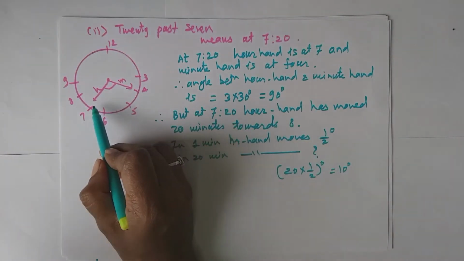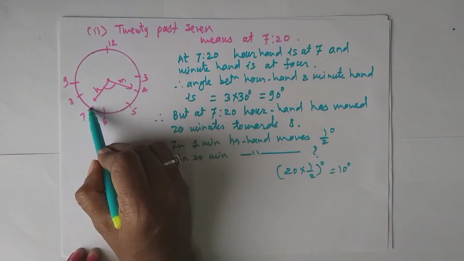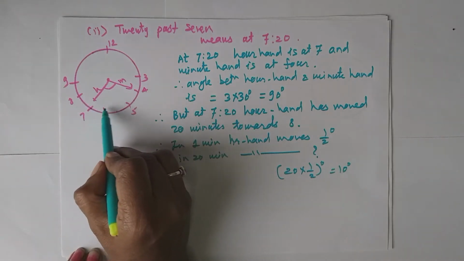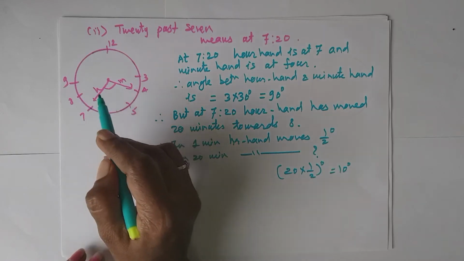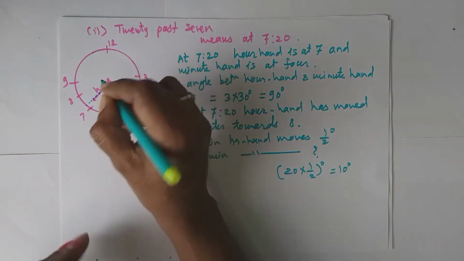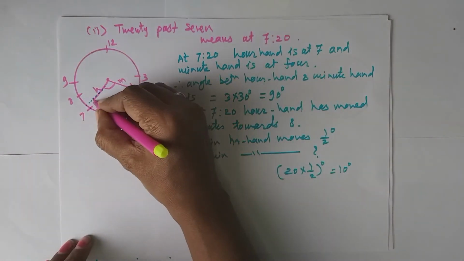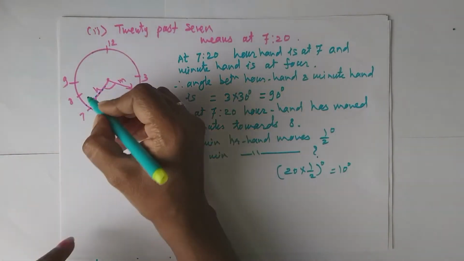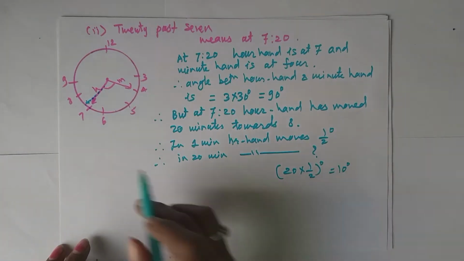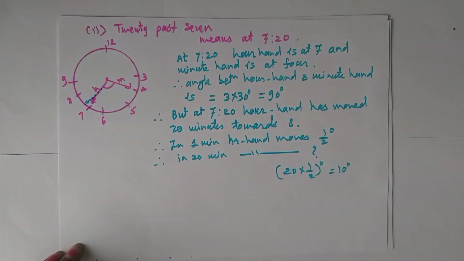Means at 7:20, hour hand has moved 10 degree towards 8. And this is slightly more than these 3 divisions. Means hour hand is not exactly at 7. It is slightly moved towards 8. Means I have to add this 10 degree to this 90 degree.